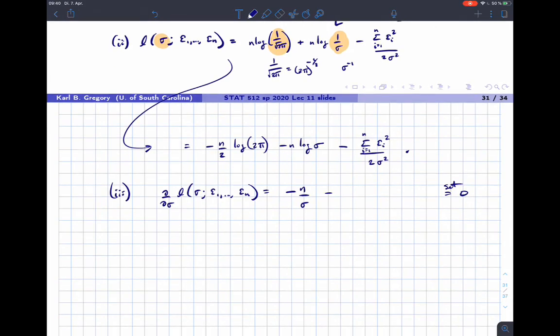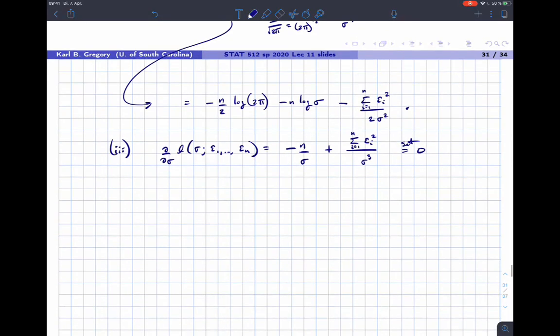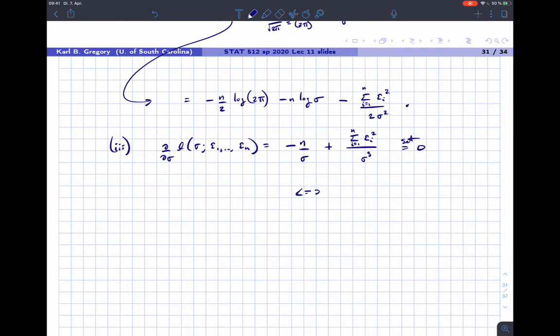And here, differentiating with respect to sigma, I've got sigma to the minus 2, because sigma's down here, so this minus 2 will come out, changing this to a plus, and canceling with this 2. And so I'm going to have in the bottom sigma to the power 3. And I'm going to set that equal to 0. And now I want to solve for sigma. So if that is equal to 0, I can send this over to the other side.